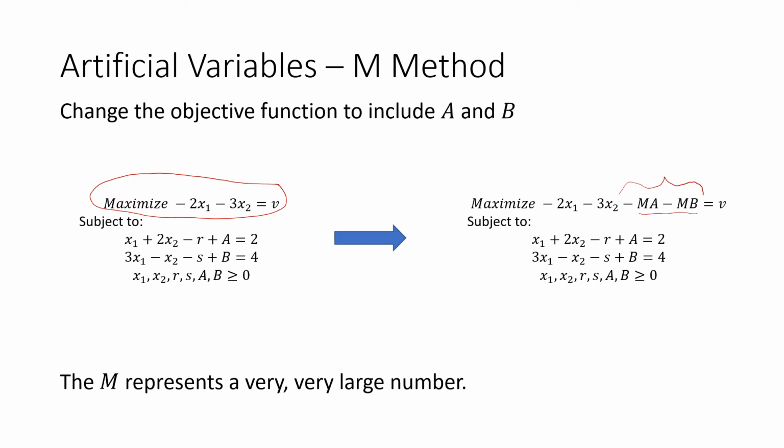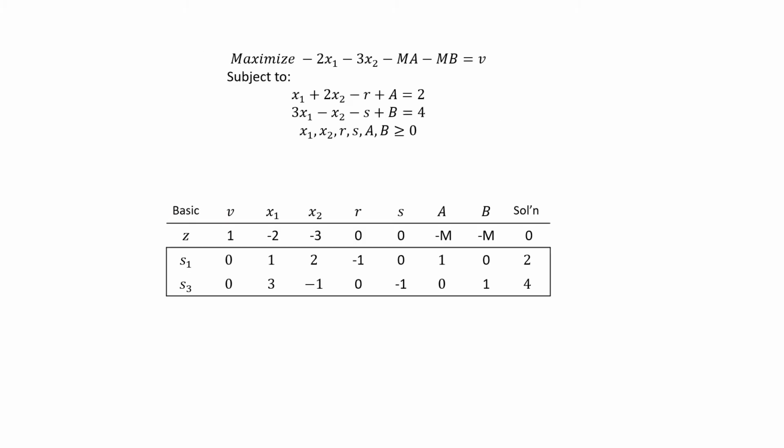Both methods work. I'm going to talk about doing it algebraically, where you don't actually put a number in for M, you just recognize that it is an extremely large number. But the book does give a slightly different approach for it. I like to do it this way because there are times when doing it the way of the book, it can run into problems and you have to redo things.